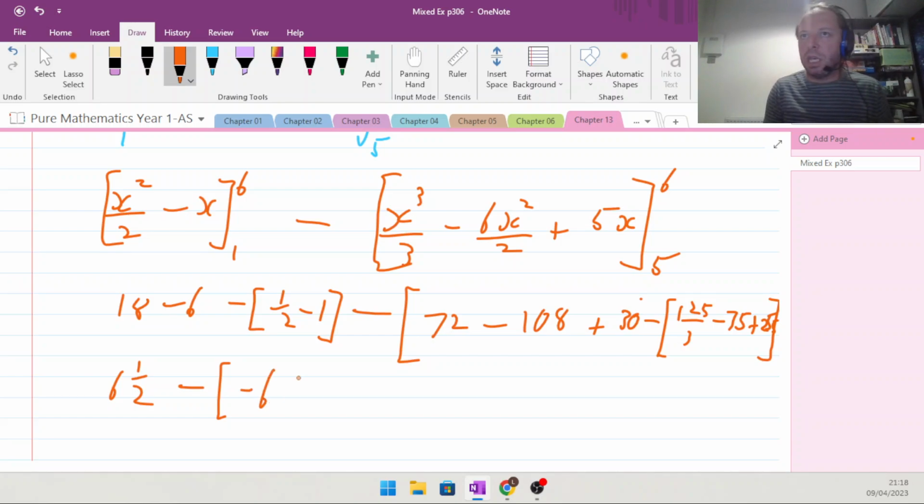And this 125 over 3 minus 75 plus 25 is minus 25 over 3, and because it's a minus, it becomes plus 25 over 3. So take 6 away from that, 7 over 3.